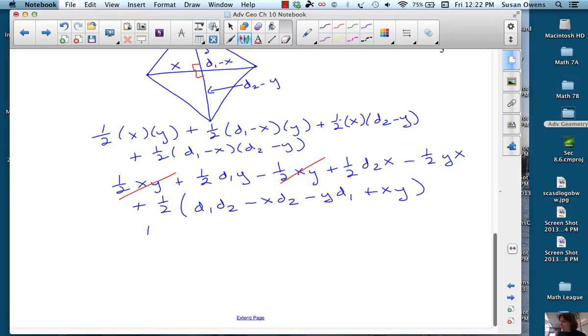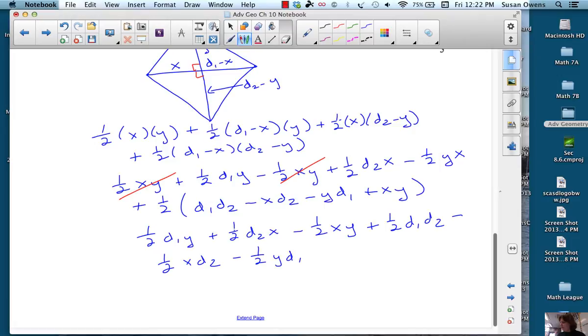So we get 1/2 d1y plus 1/2 d2x minus 1/2 xy plus 1/2 d1 d2 minus 1/2 x d2 minus 1/2 y d1 plus 1/2 x y.